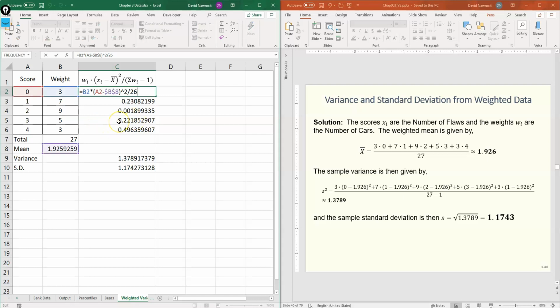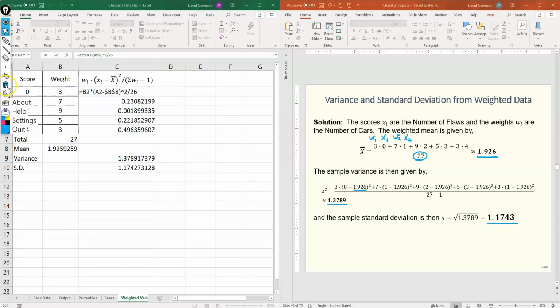So you see what we have here is this B2 represents our first weight times A2 represents our first score minus what's in cell B8, which is our weighted mean.